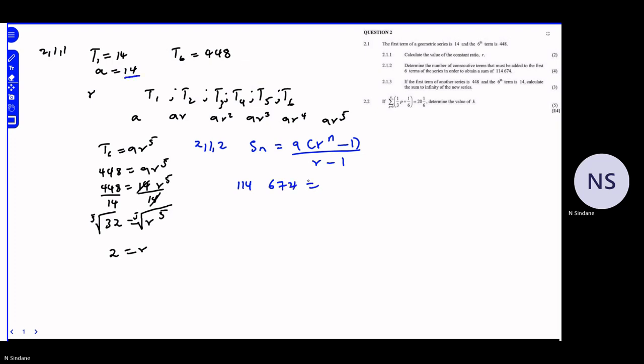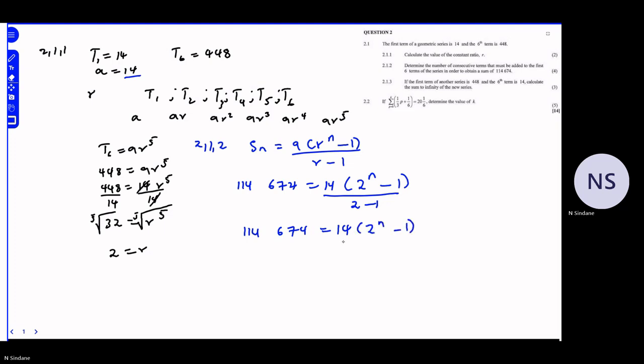Then I'll say 14 into the value of R, we got it as 2, to the power n minus 1, close bracket, divided by 2 minus 1, which is similar to 114674 is equal to 14. Because 2 minus 1 is 1, and any number divided by 1 is that number. 2 to the power n minus 1, close bracket.